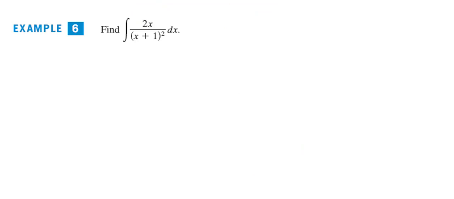What's your guys' initial choosing of u? I would try x plus 1 because it's the inner function, right? U equals x plus 1. Du would equal 1 dx. Son of a gun, we got 2x up here though.